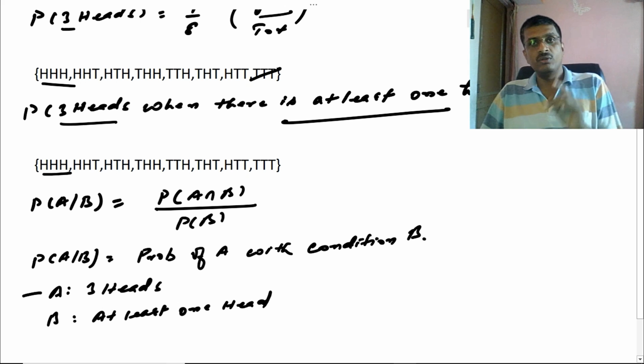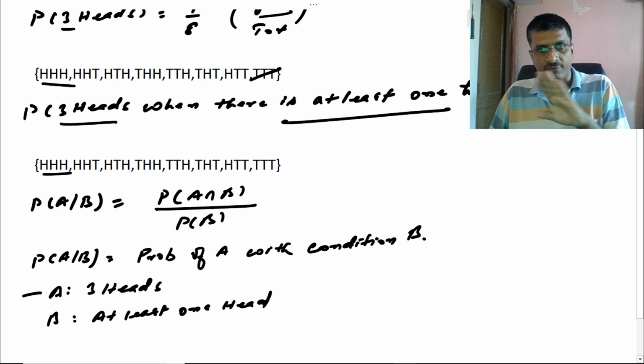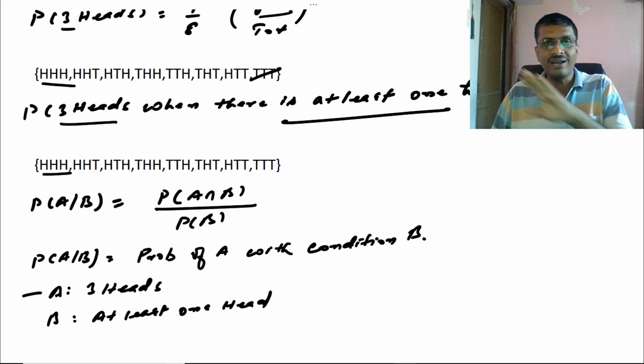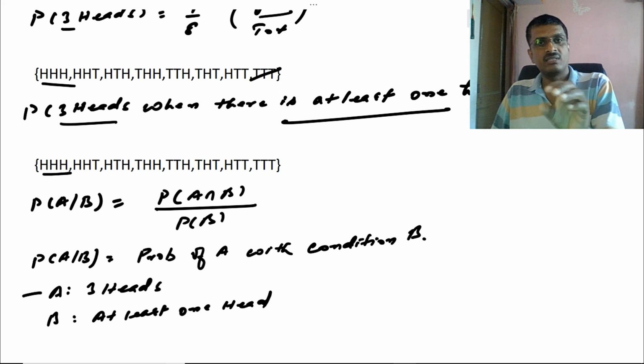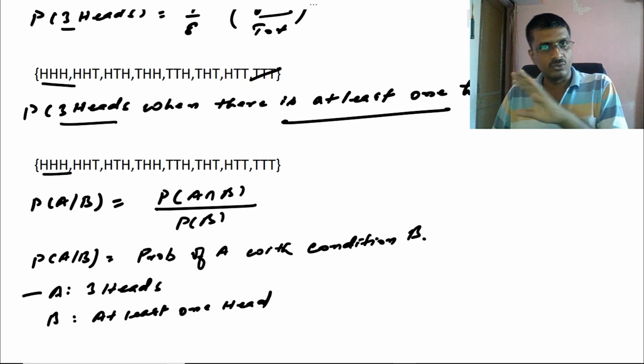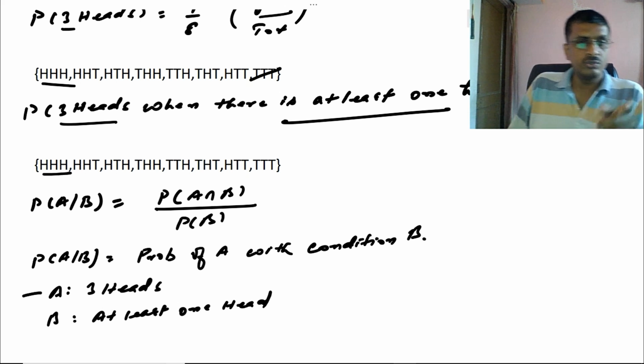Now remember, when you're applying the identity, you don't have to modify the sample space. The entire sample space, all 8 elements here would be considered. Unlike the previous case where we modified the sample space, while using the identity we don't modify the sample space. So there is one element satisfying A among a total of 8, right?